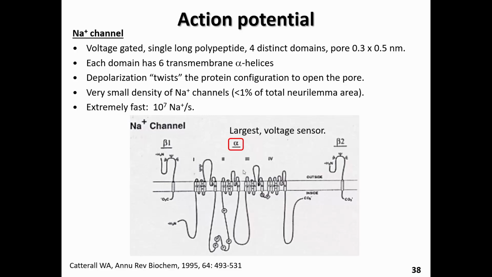What you're looking at here on the bottom of the slide is one of the first depictions of the sodium channel. This is a hand-drawn image from a paper published in 1995, and it's considered one of the classic papers in terms of revealing the chemical and amino acid sequence of the sodium channel.